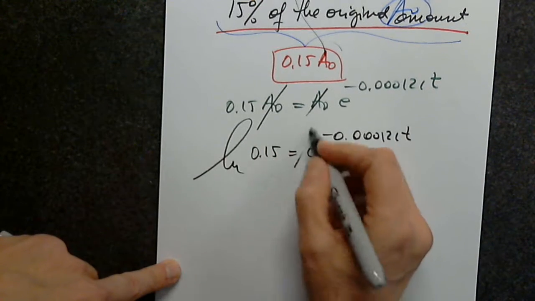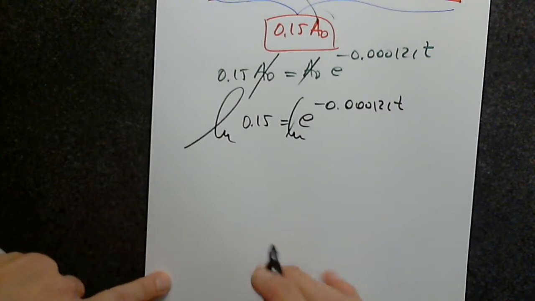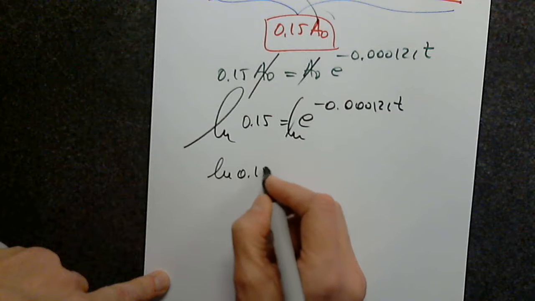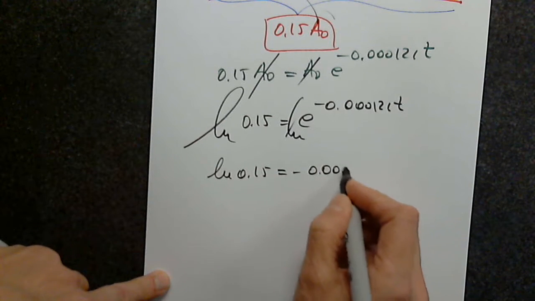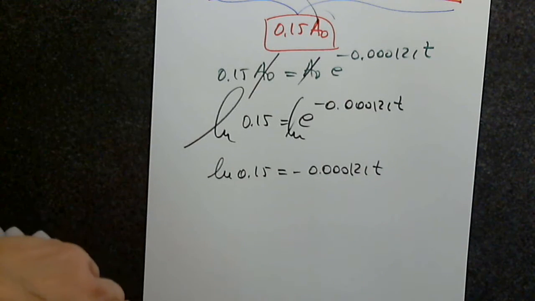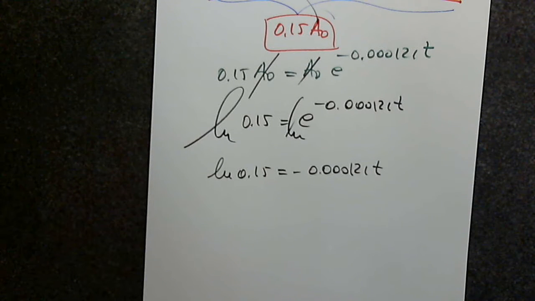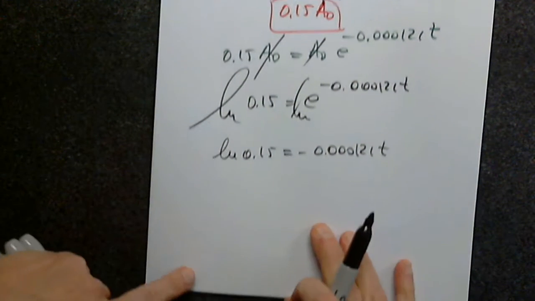We are applying natural log to both sides. And this is negative 0.000121 t. I should have written multiplied by natural log e, but I do not because it equals 1. Very good. So final step is we have to solve for t.